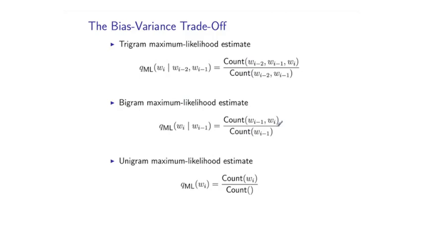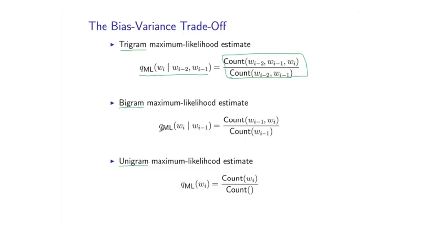So first, let's give some definitions. Q sub ml is going to be our maximum likelihood estimate, and this is the trigram parameter estimate based on the ratio of counts that I showed you on the previous slide. But in addition to this trigram estimate, I can also describe what are called bigram and unigram estimates as follows.